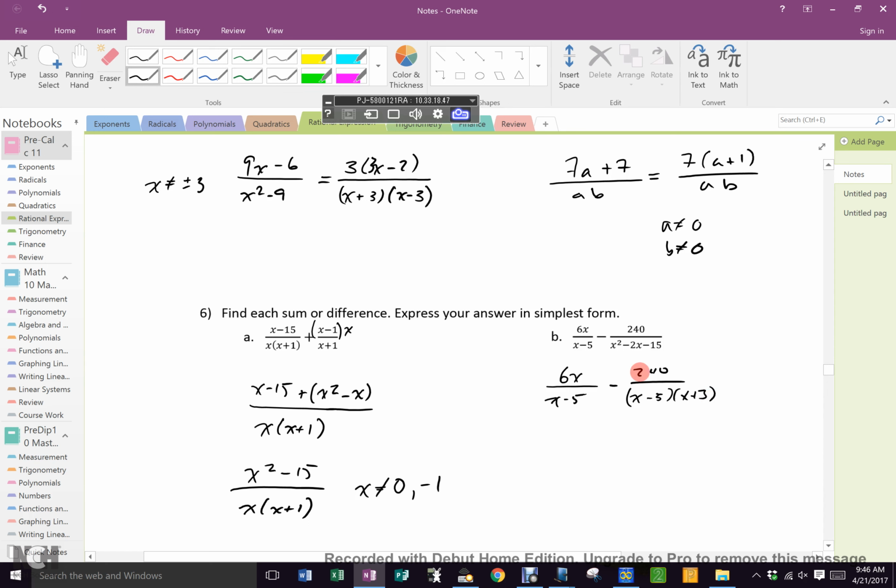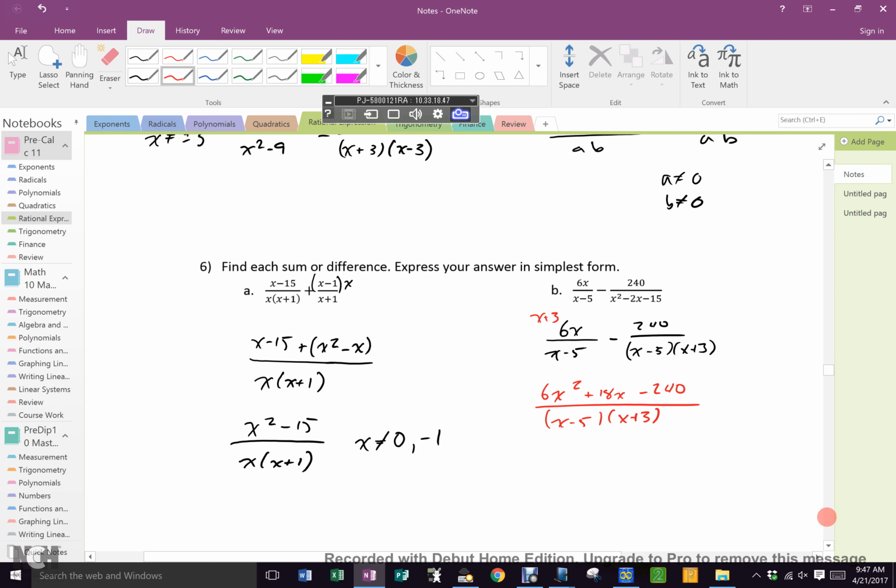Does the 240 need to change? No. This guy needs to change. What do I multiply this guy by? X plus 3 to get 6x squared plus 18x minus 240 over x minus 5, x plus 3.